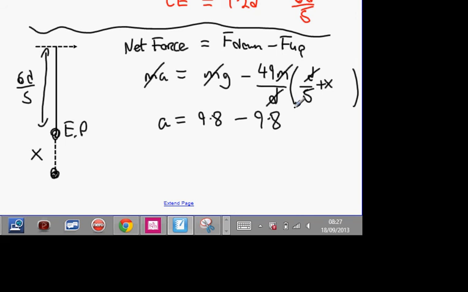Okay, so 49 over 5 turns to your 9.8, and then we're going to get minus 49x over d. So what's 49x over d? That's perfect. The two of these will cancel out. a now equals minus 49x over d.